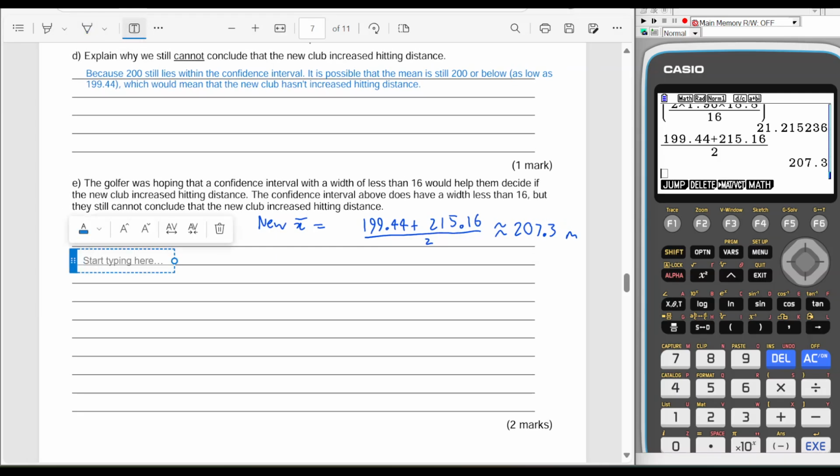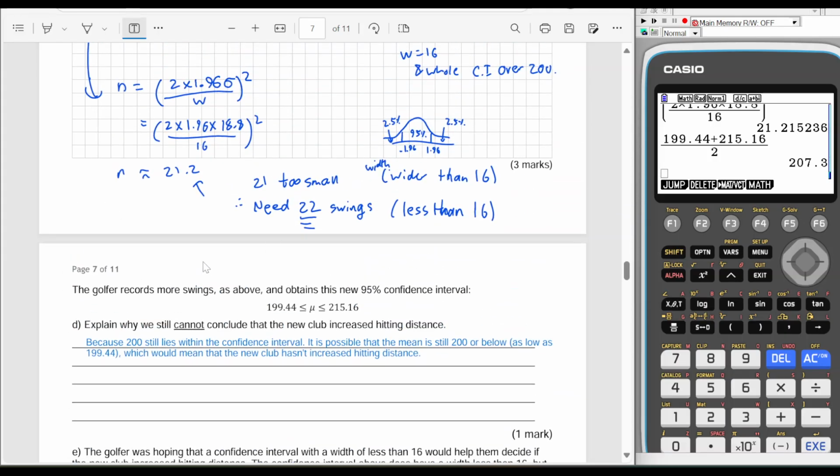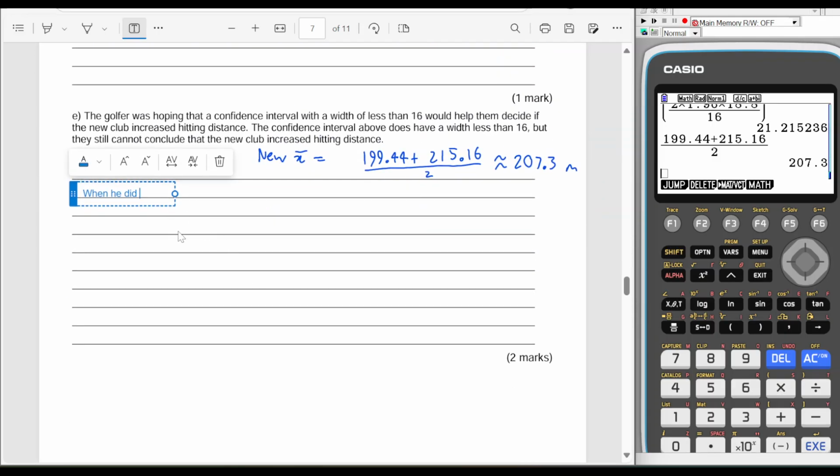When he did the new trial with more swings, the sample mean changed. The old sample mean was 208.4 meters, but the new sample mean was 207.3 meters.